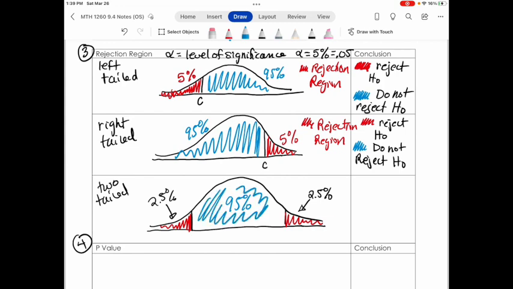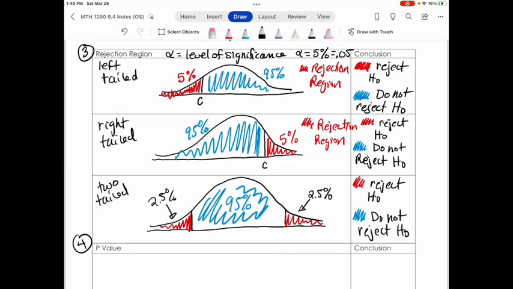The leftover, where we don't care if it falls, that's our 95%. So again, if it falls in the red area, in our rejection area, we would say reject the null hypothesis. If it doesn't fall in the red area, then we would say do not reject the null hypothesis.